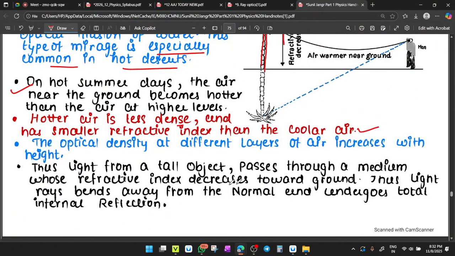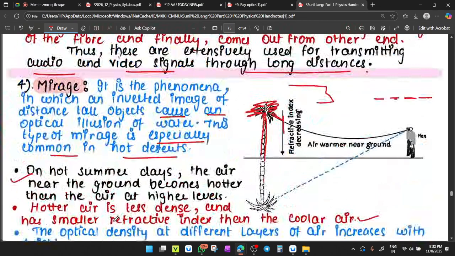The light from a taller object passes through a medium whose refractive index decreases towards the ground. Thus, the light ray bends away from the normal and undergoes total internal reflection. So what is happening here? Here, density is high, and nearer the ground density is low, as the warmer air is there near the ground.